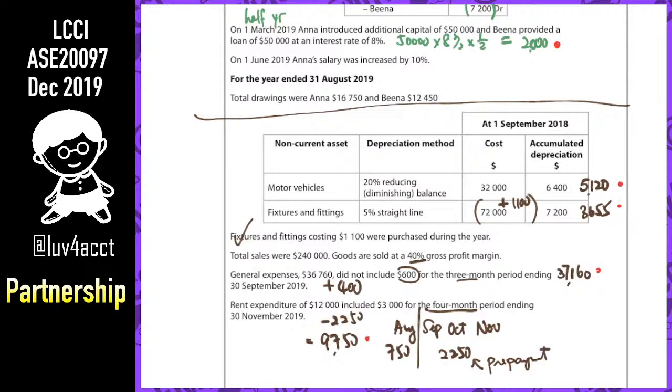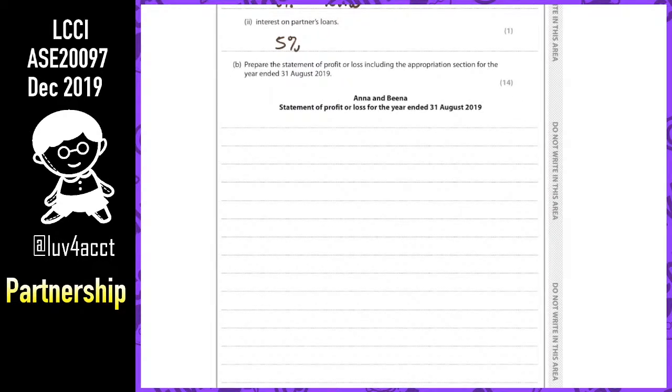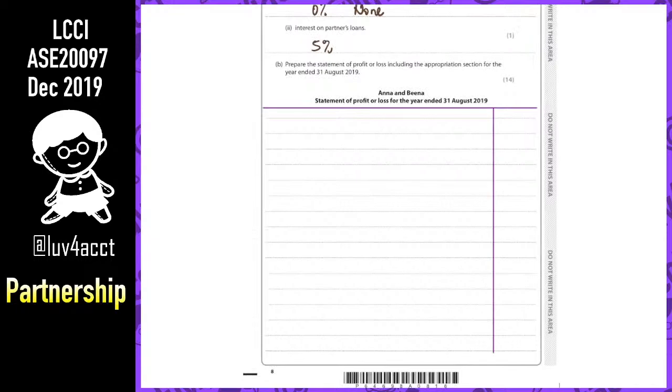Now we will work on our statement of profit and loss first, and then the appropriations. I hope we can finish on this page. I hate going to another page for the same statement. I hope we have enough space, so let us save some space.